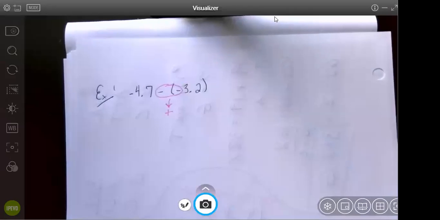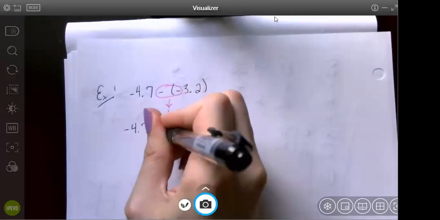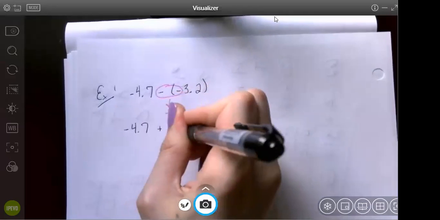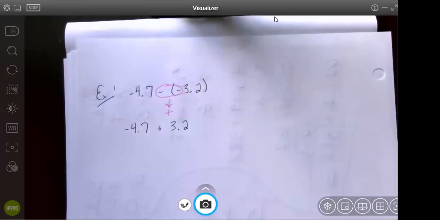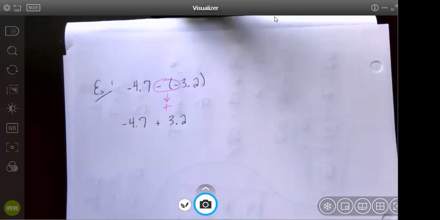So what this is really saying is negative 4.7 plus 3.2. And then you could do that using a number line, and I'll show you how to do that.